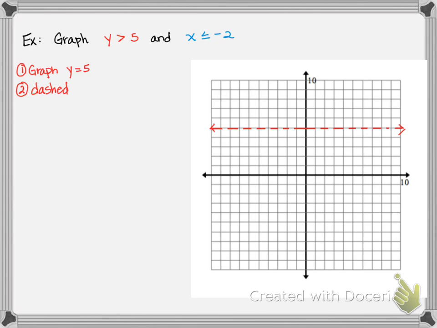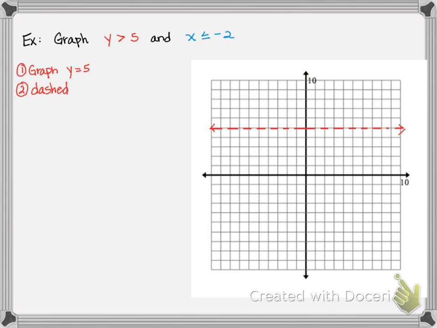And then when we have horizontal and vertical lines, you really don't have to use a test point. When I say y is greater than 5, I'm saying I want to shade all the points that have a y value that's bigger than 5. Where are those points going to be? Above it. Yeah, right? Because our y values go from smallest to biggest as we move up.